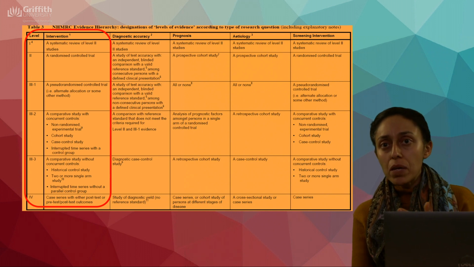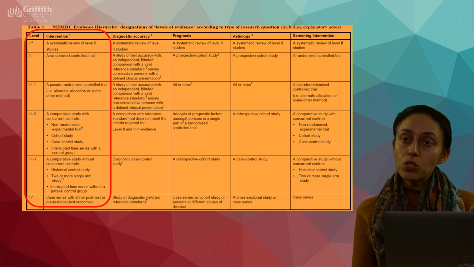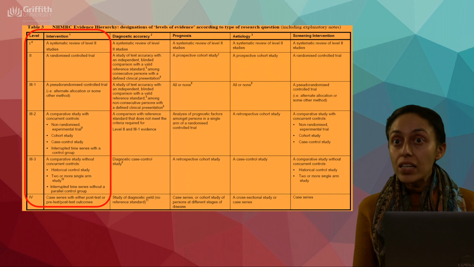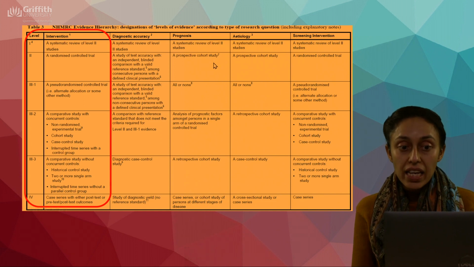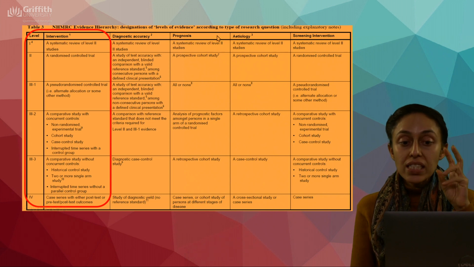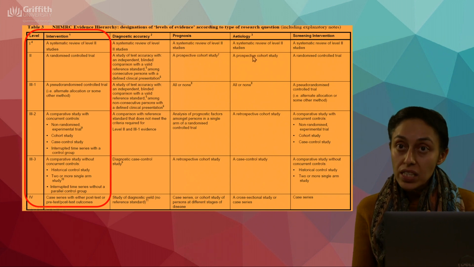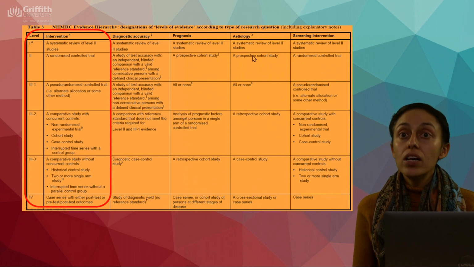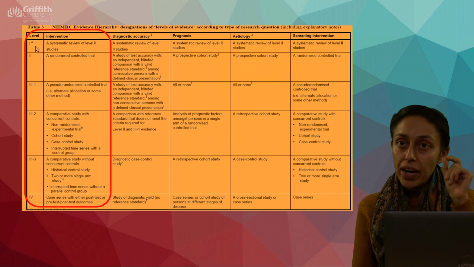You can't force people to smoke and then ask them to stop, because that's not ethical. So in such prognosis and etiological cases, you have prospective cohort studies, which are an equally good level of evidence. Now, what is level 1 evidence?